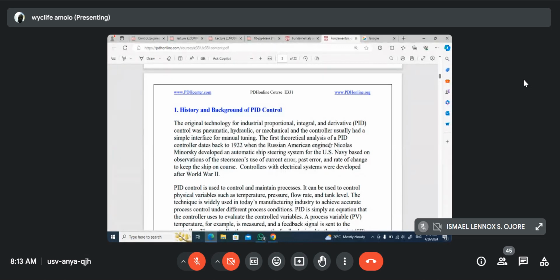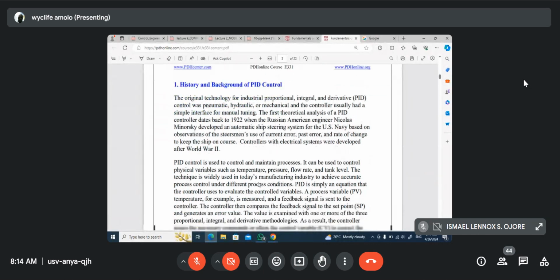The first theoretical analysis of PID controller dates back to 1922, when the Russian-American engineer Nicholas Minorsky developed an automatic ship steering system for the US Navy, based on observation of the steersman's use of current error, past error and rate of change to keep the ship on course. The controllers with the electrical system were developed after World War II.